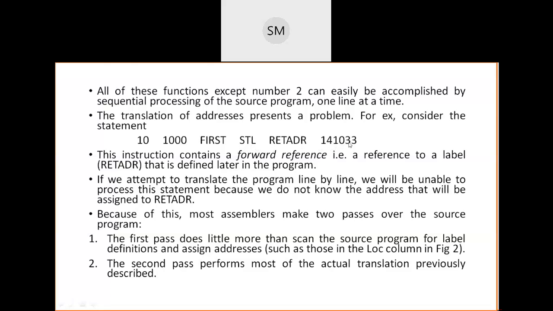How did you get 1033? This is the address of the operand RETADR. If you try to generate object code line by line, it is not possible. Because if this STL is in line number 10, and line number 15 is the next line, you cannot immediately go to the next instruction.